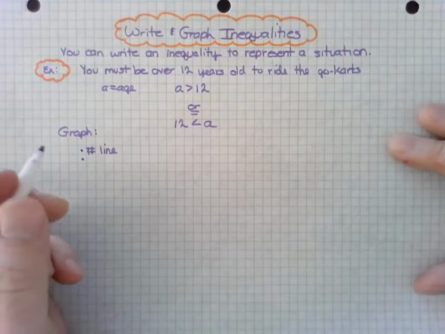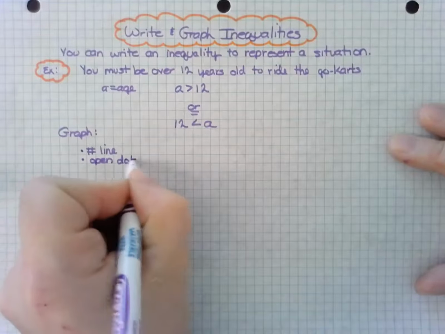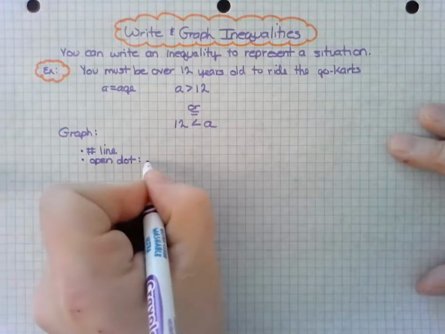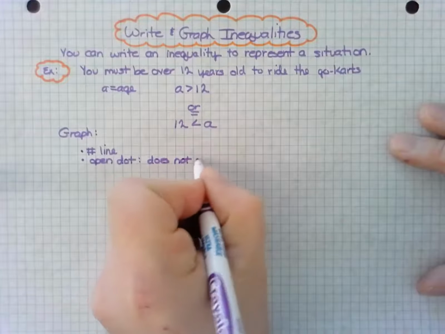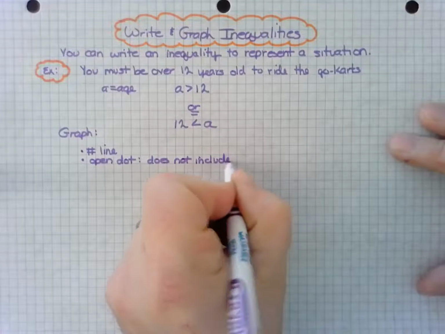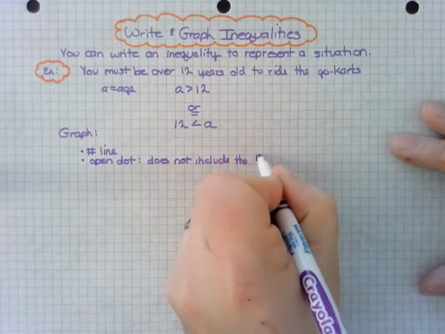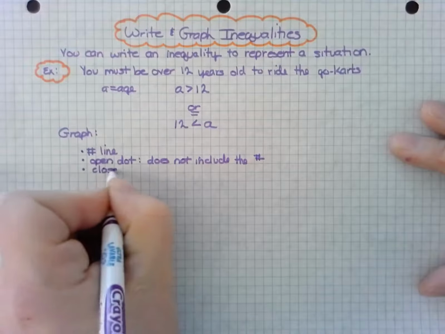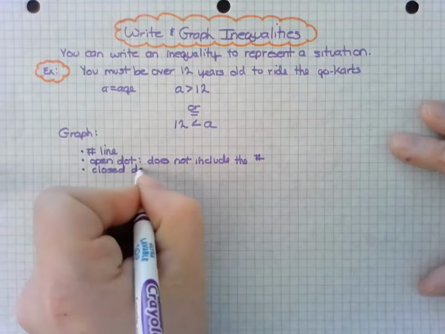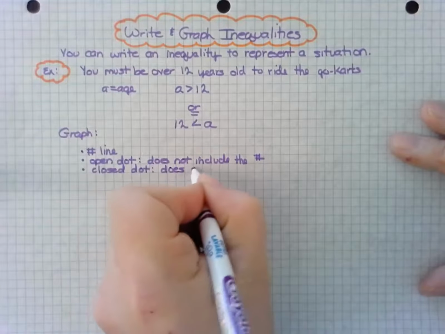One, an open dot or circle means it does not include the value. A closed dot or circle does include the value.